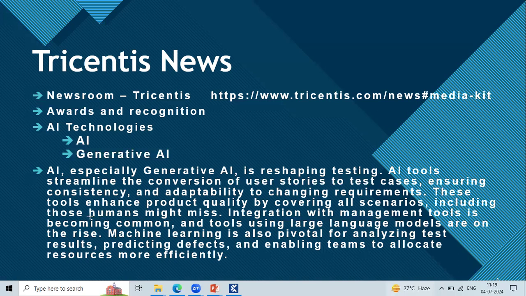So if we miss something unexpectedly, even those things are covered as part of delivering a quality product. Integration with management tools is becoming common, and tools are using large language models and machine learning. All these technologies are implemented here. And now Tricentis is planning to implement generative AI capabilities in the Tricentis test automation tool.